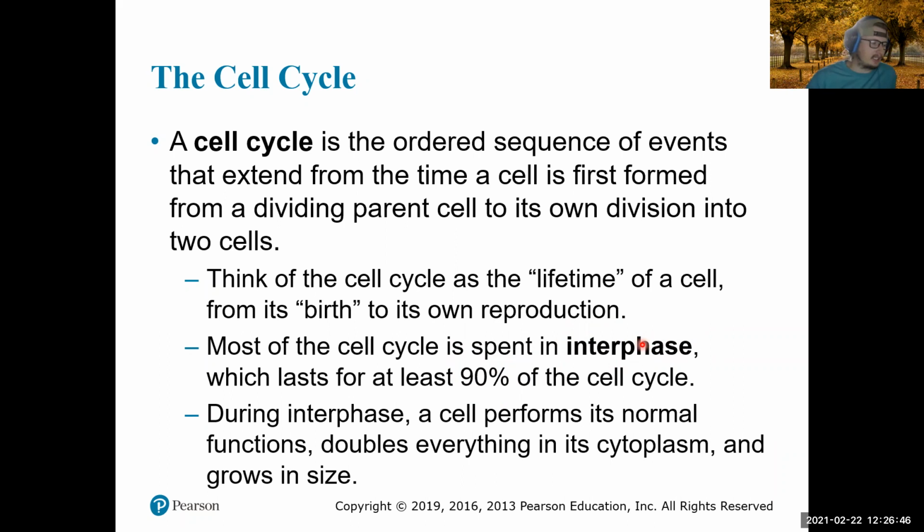If it's a plant cell, it undergoes photosynthesis, etc. It also doubles everything. It doubles its organelles, it increases in size to hold all the new organelles, and it also duplicates its chromosomes. So it basically doubles everything that exists in the cytoplasm.